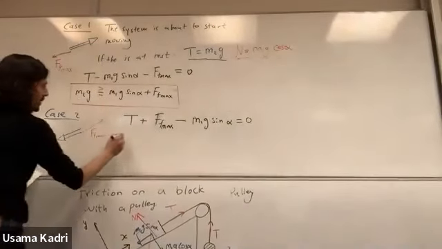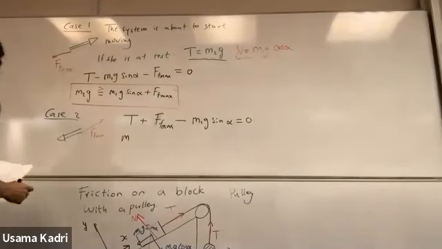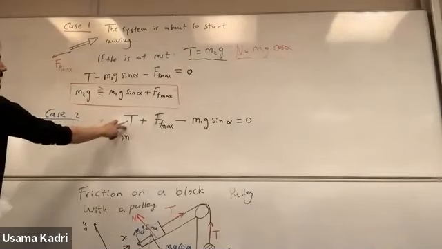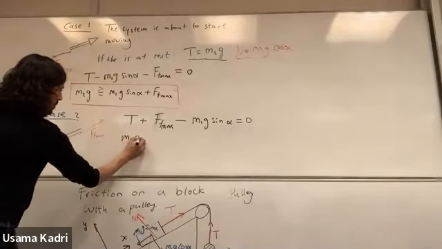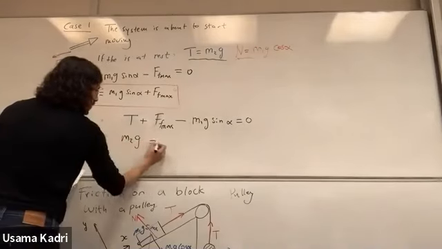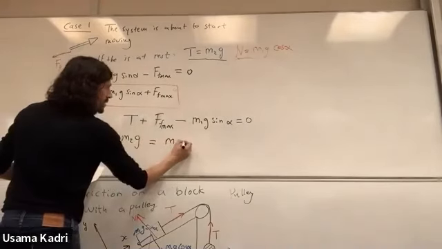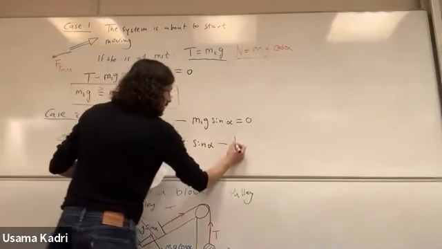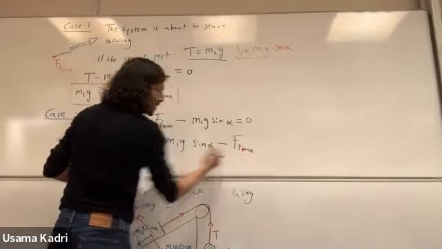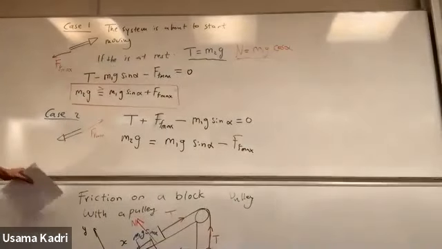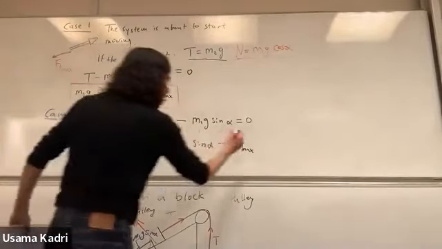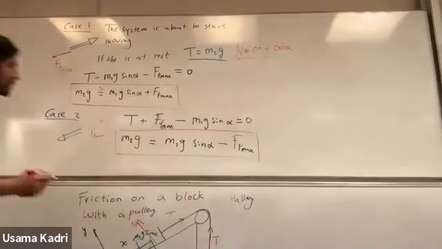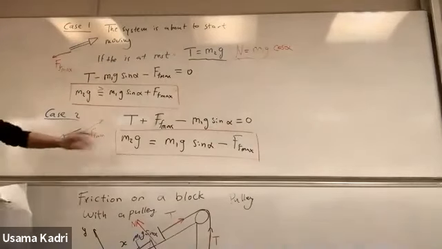So now we get, this would be the same. We can find M2G, so I write M2G equals M1G sine alpha, now minus the maximum friction force. I hope now you start observing the differences here.